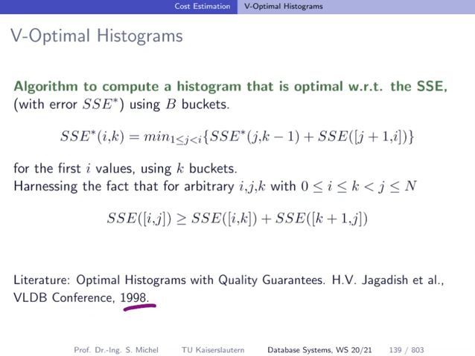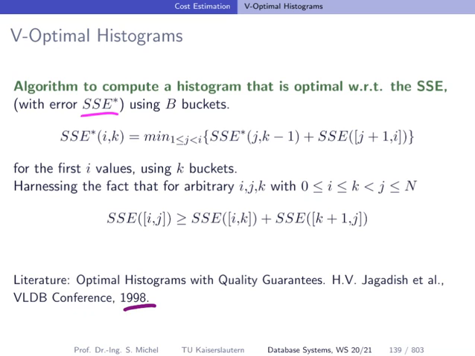The algorithm works over a structure called SSE star. This SSE star denotes the smallest sum squared error of a histogram that considers the first I values of our data and is using K buckets.